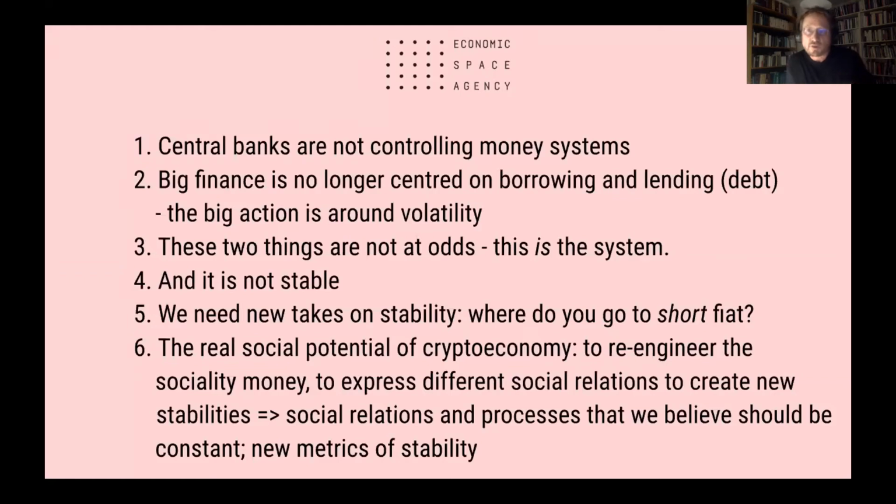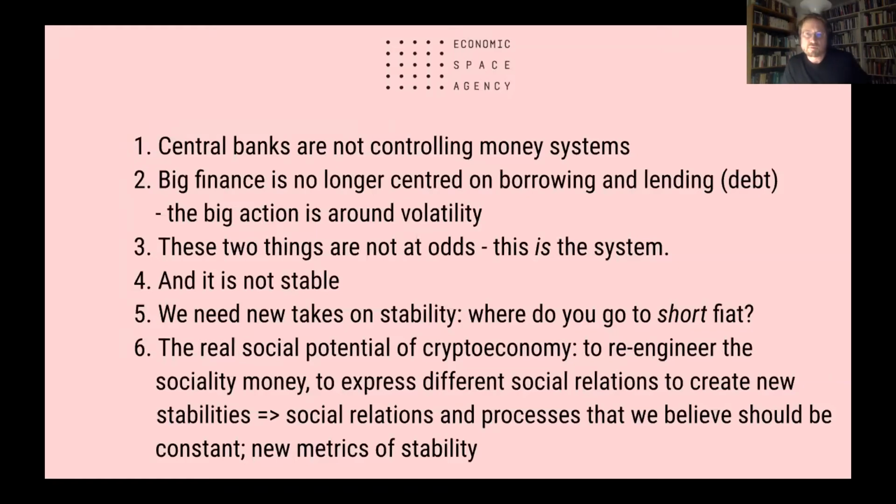And these two points are not at odds. The central banks are struggling to secure financial stability, and the financial institutions are profiting from this volatility. They are not at odds. This is the system, and it is not stable. So our conclusion is that we actually need different framings of stability, which invite the questions where I started: stability in respect to what?